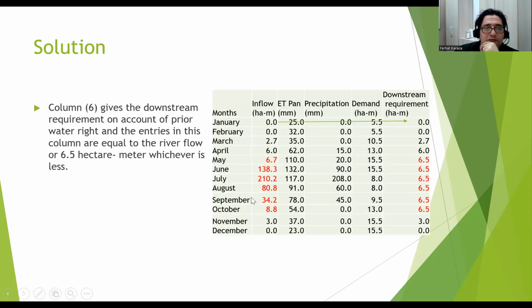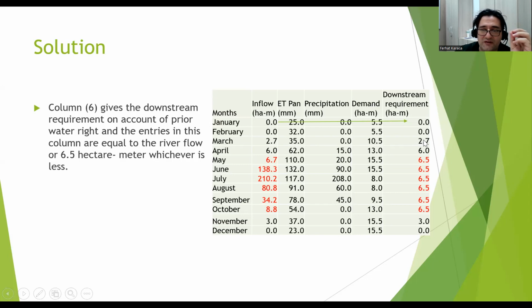Okay, so in this part, you see that I highlighted in red the period you can hold water. In the other months, you cannot hold water, and the water should keep flowing. And these are inflows. So the downstream flow on the river is going to be the same in these months. You are not going to hold any water. There is no flow here. But in March, the amount of the flow is 2.7. Then we are going to release the same amount of water.